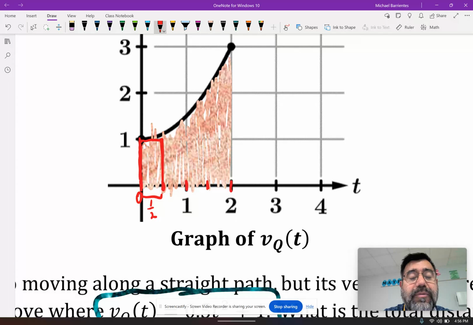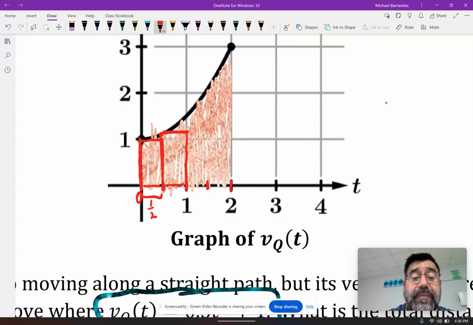So this rectangle was built with a base of 1/2 and a height based off of the function value at 0. The next rectangle uses the same base, 1/2, but this time the height is the function value at x equals 1/2, and then I scoot over straight across as best as I can and create that rectangle.